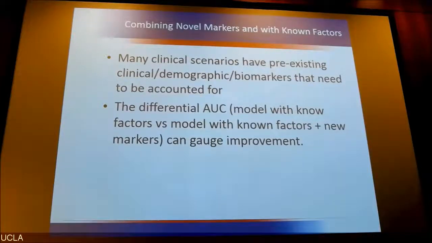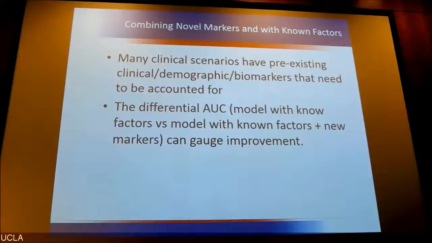Okay. So when we're considering the potential utility of a biomarker model, we always have to also consider the fact that there are often pre-existing models out there for making, say, clinical decisions, and often the goal will be to demonstrate at the end of our study that we can actually do better than those models.